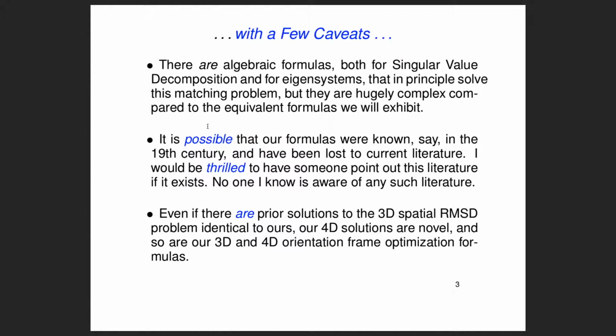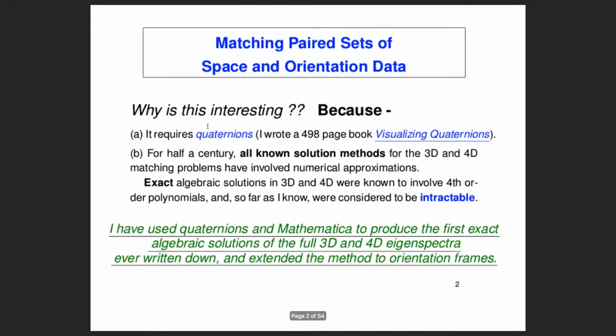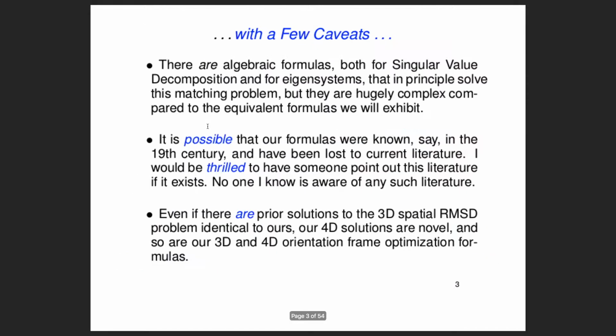And so I'm not scared of discovering that formula, because there's more to do. Nevertheless, I'd certainly love to know if there is such a thing, because I have actually made extensions to the orientation frame problems, which are actually even better adapted to quaternions than the spatial problem that I will talk about now.